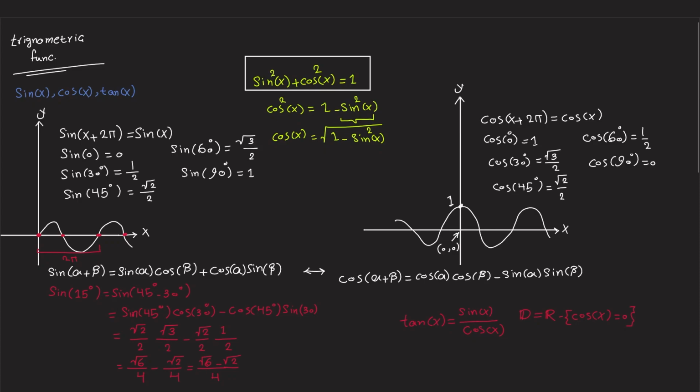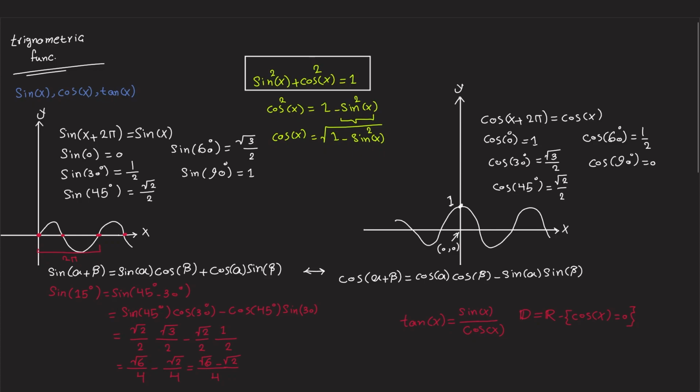Because where cosine equals 0, the value of tangent will be undefined, because tangent at the end of the day is just a fraction. It's a sine in the numerator and cosine in the denominator, and the denominator should not be equal to 0. So if it were to be equal to 0, then the tangent of x for those x's that make the denominator equal to 0 will be undefined.